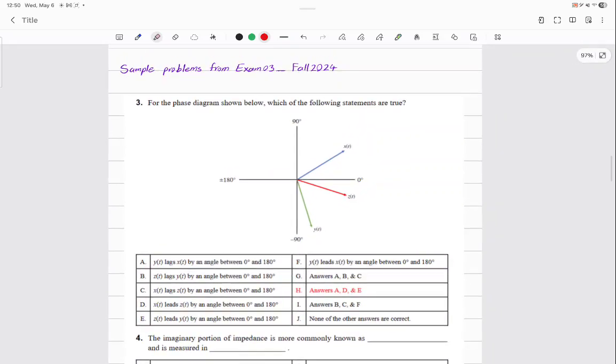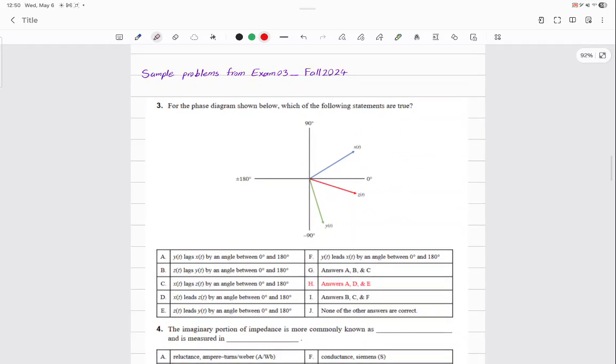Let's do some sample problems from exam 3 last year, fall 2024. For the phasor diagram shown below, which of the following statements are true?